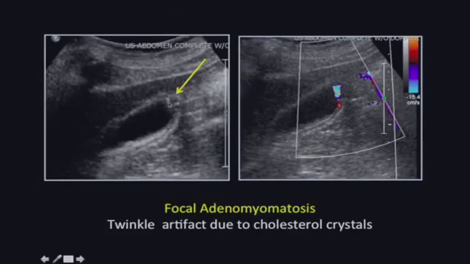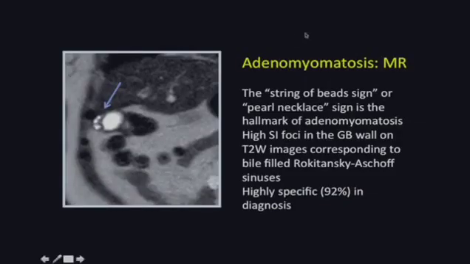Here is a patient with focal thickening in the fundus with some cystic changes. Color flow Doppler sonography shows this twinkle artifact due to the cholesterol crystals within these sinuses. Again, a finding of adenomyomatosis of the gallbladder.